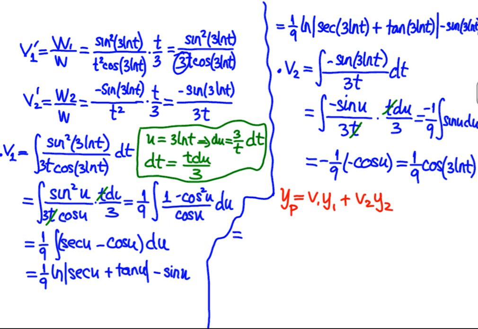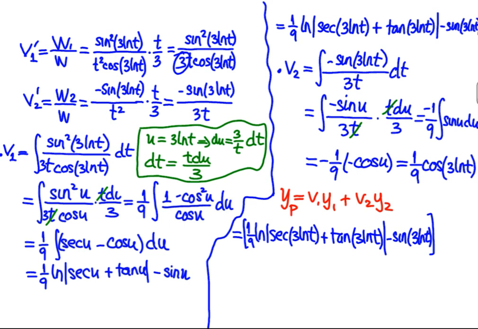Right, V1, once again, 1 over 9 ln secant of 3ln(t) plus tangent of 3ln(t) minus sine of 3ln(t). So that is V1, and we multiply by cosine of 3ln(t).